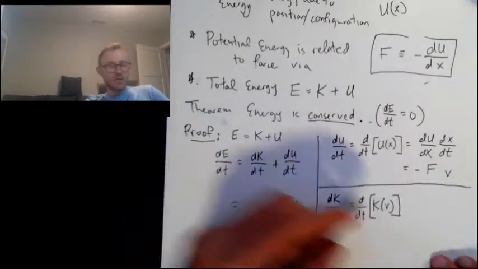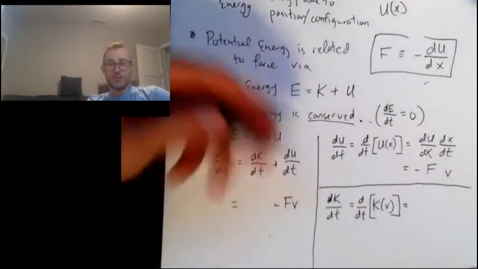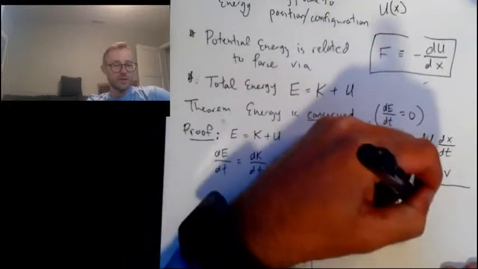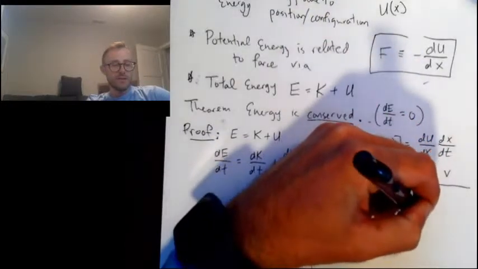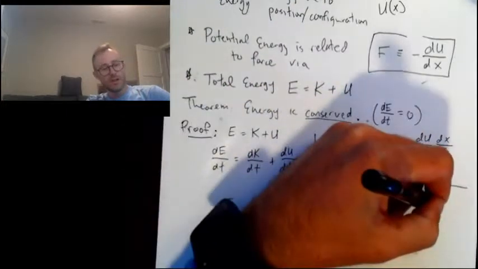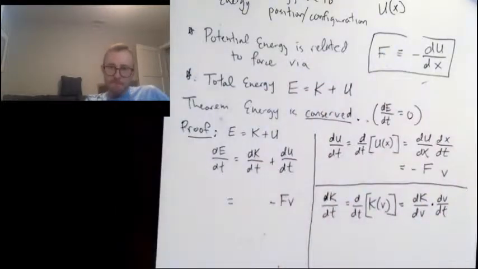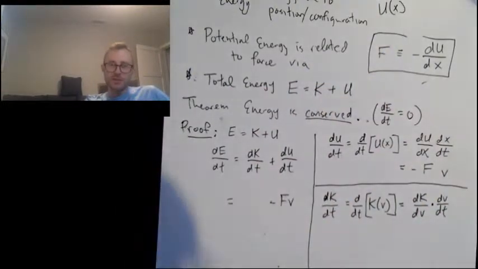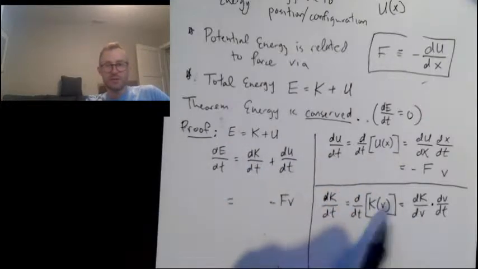So when we do the chain rule for the kinetic energy, that's going to be dK/dv, because kinetic energy is a function of velocity, times dv/dt. So again, an application of the chain rule, but with a different variable because kinetic energy is a function of a different variable.